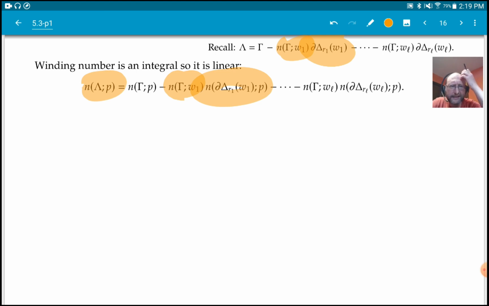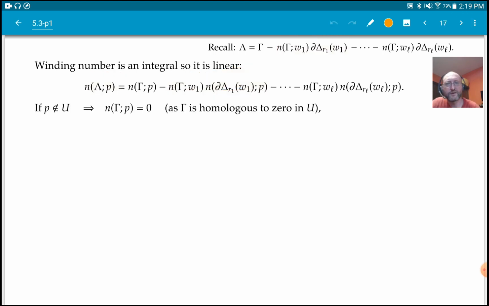So now you want to see what that is for P that are not in U, or that are in S. Basically what we're going to show is that lambda is homologous to 0 in U minus S. So if P is not in U, then the winding number of gamma around P is 0, because it was homologous to 0 after all.